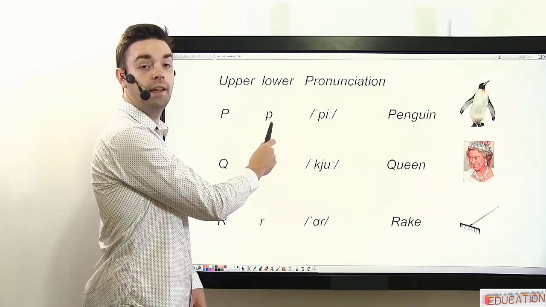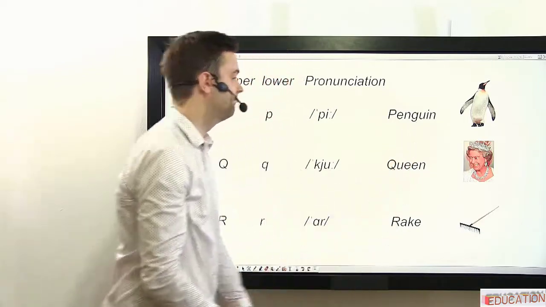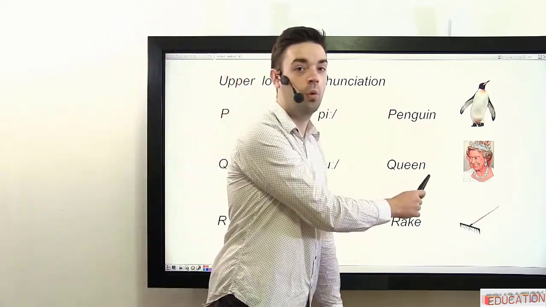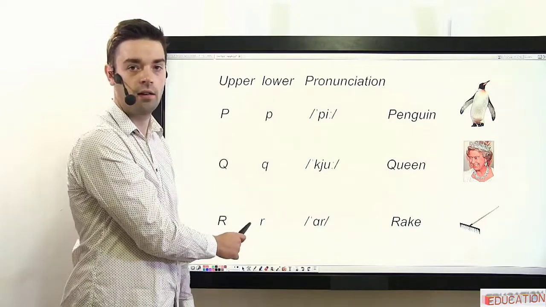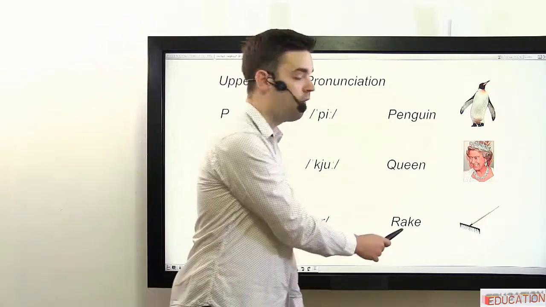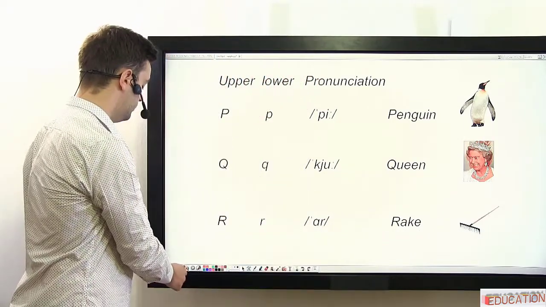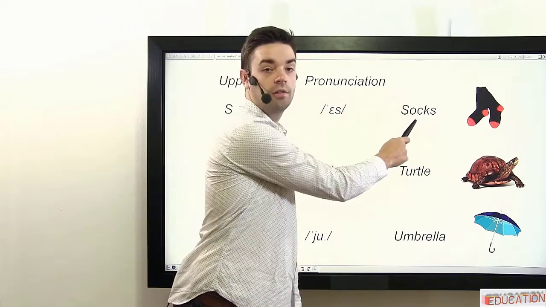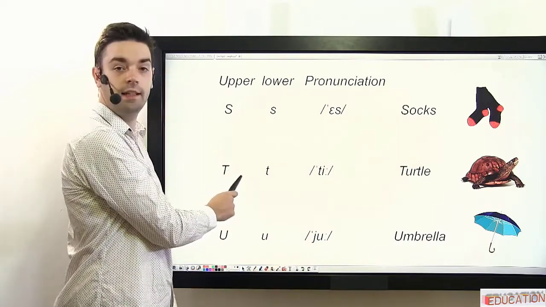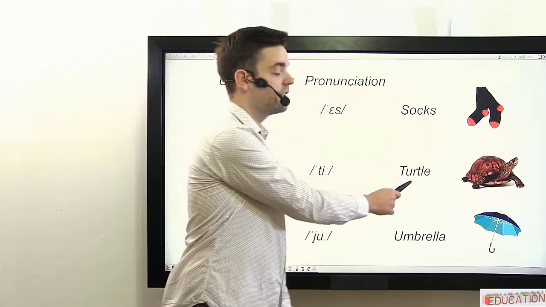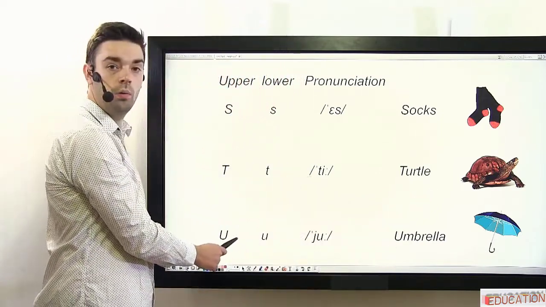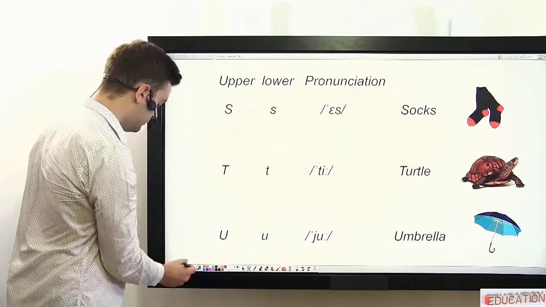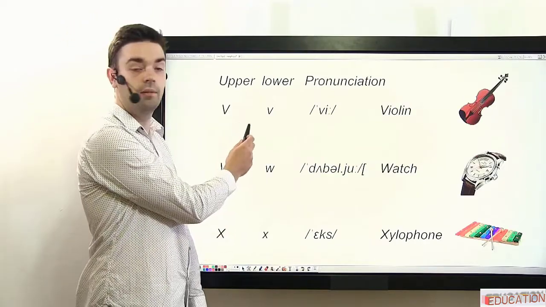P for penguin. Q for queen. R for rake. S for socks. T for turtle. U for umbrella.